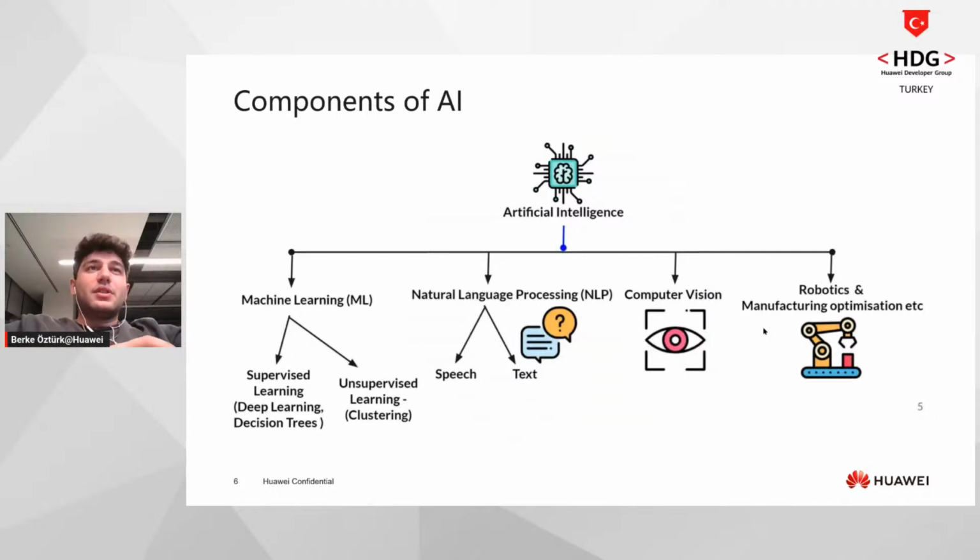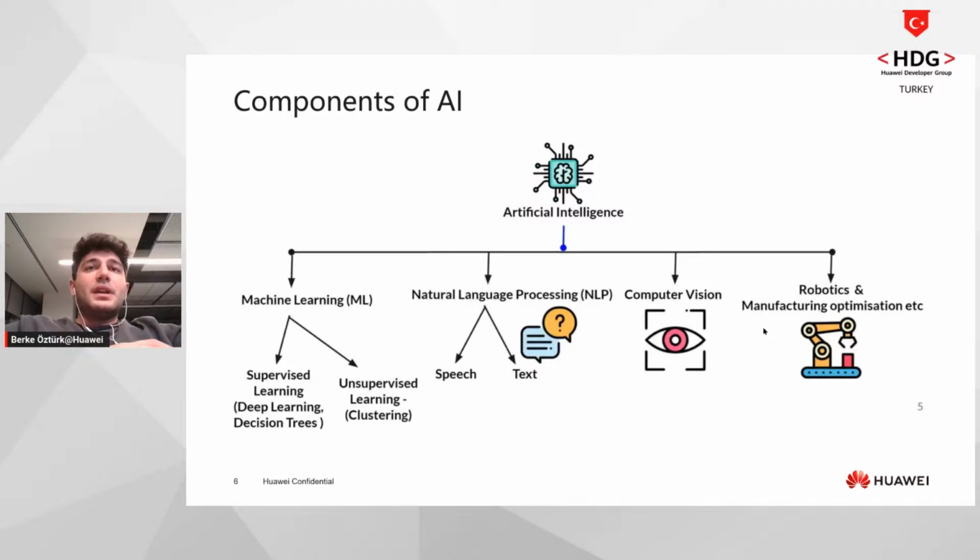Right here, we can see the components of artificial intelligence. We have four subfields of artificial intelligence. First of all, it's machine learning. It has two subfields inside of it. First of all, supervised learning. Supervised learning means that you are going to give the data with a label. What does it mean?